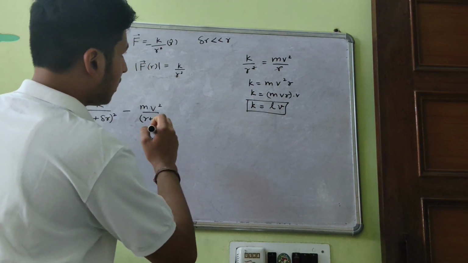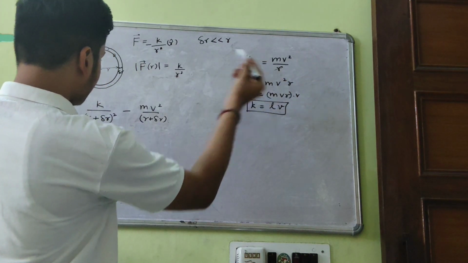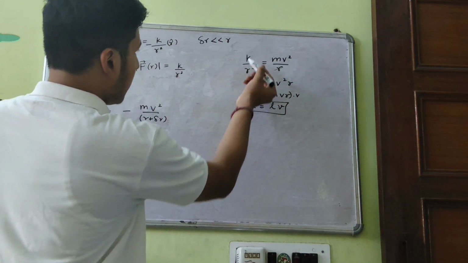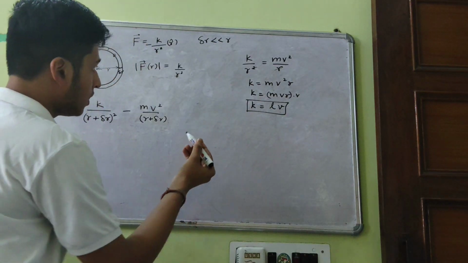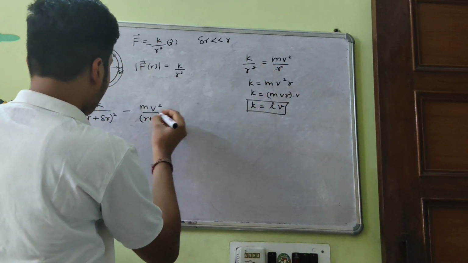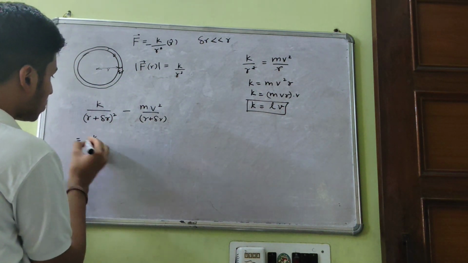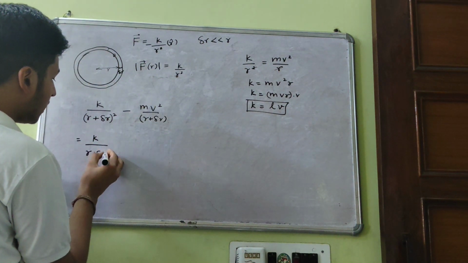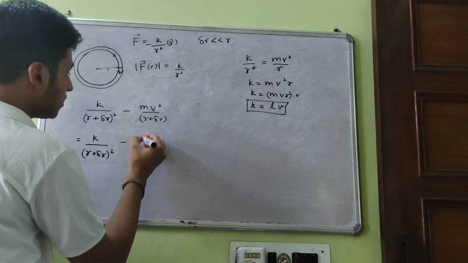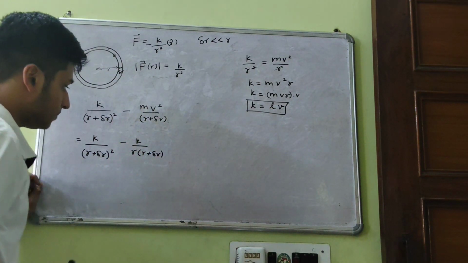Now we see that mv square is k by r from here. So let us substitute mv square equal to k by r. So the net force is k by r plus delta r square minus k by r, r plus delta r.